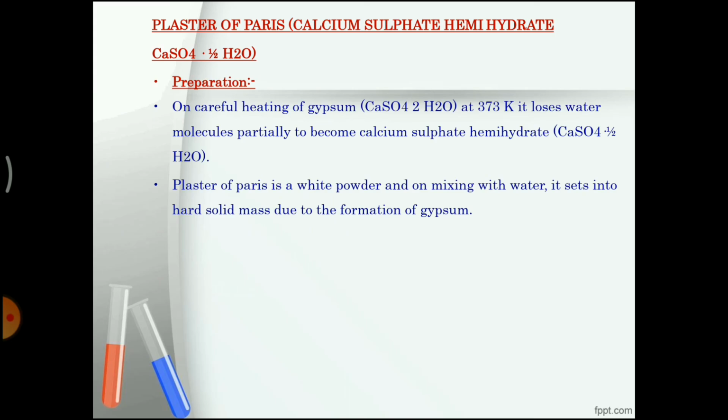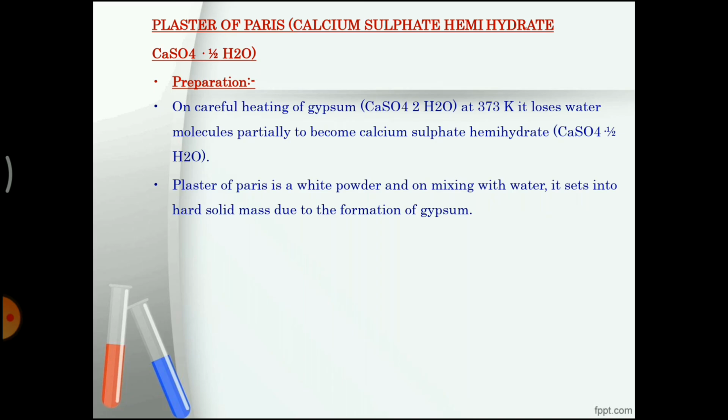On careful heating of gypsum, calcium sulfate 2H2O, CaSO4.2H2O, at 373 Kelvin, it loses water molecules partially to become calcium sulfate hemihydrate, CaSO4.½H2O. This is called plaster of Paris, the substance which doctors use as plaster for supporting fractured bones.